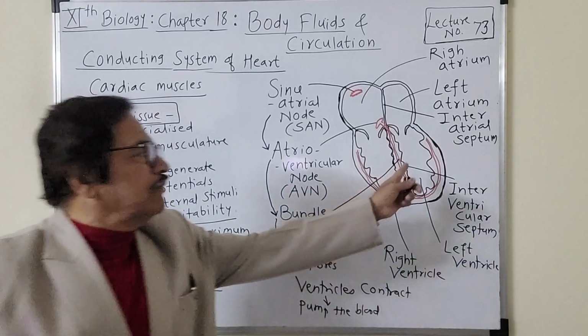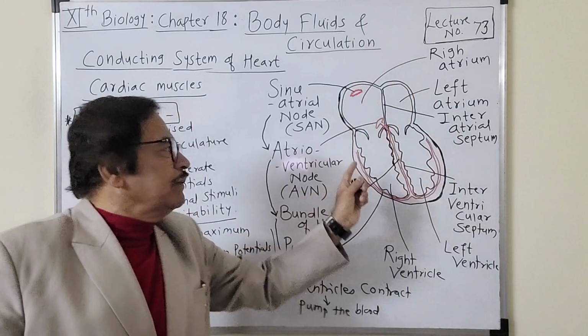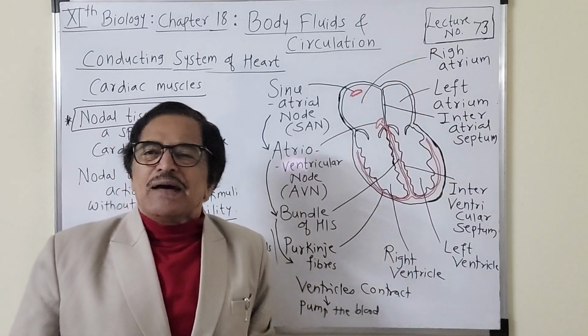That is, the left ventricle will pump the blood into the aorta and the right will pump the blood into the pulmonary trunk. So is it clear? It is very simple.